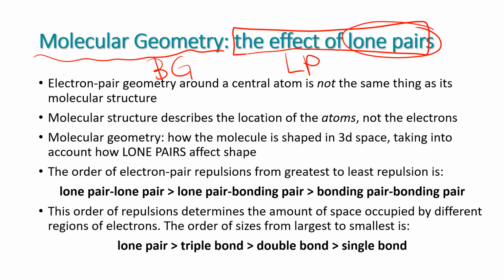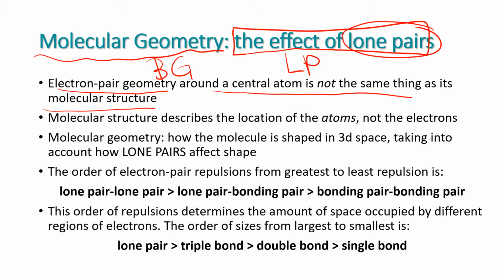So anytime you hear molecular geometry, just know you are going to have to know how the lone pairs affect the shape. You'll either hear me say EPG or EG, same thing, but it just has to do with electron geometry around a central atom. That is not the same thing as the actual structure. The structure has to do with the lone pairs.